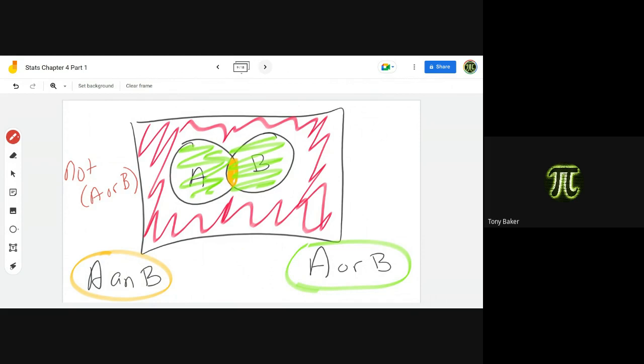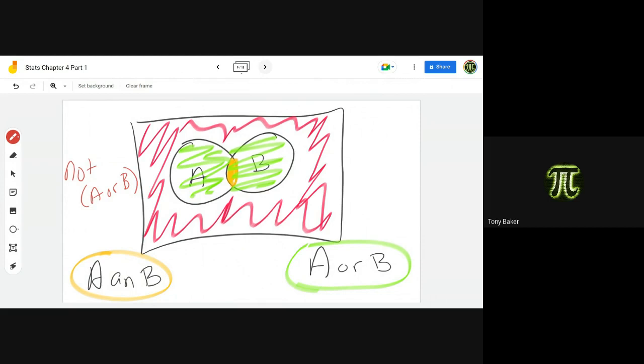So all the orange in the very middle, right there, that's A and B. That's the overlap between them. If it's or, it'd be anything in A or anything in B, which means that piece in the middle also occurs. And that's fine. So or includes where they both happen.